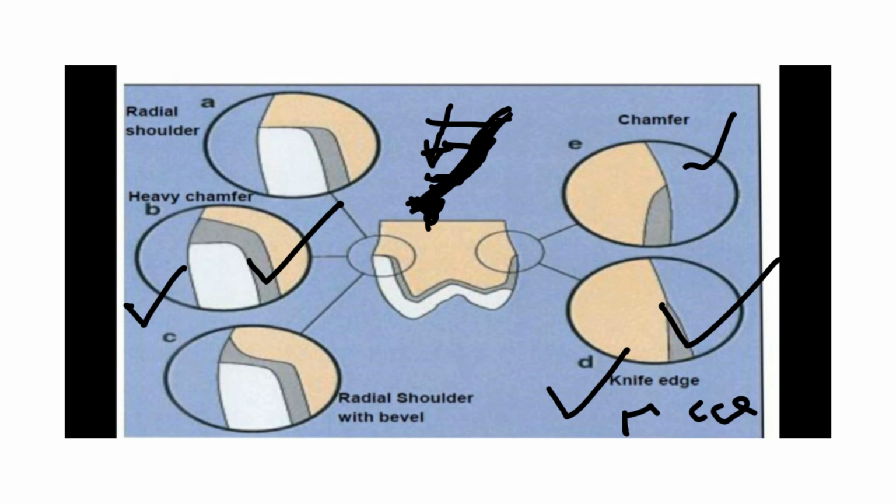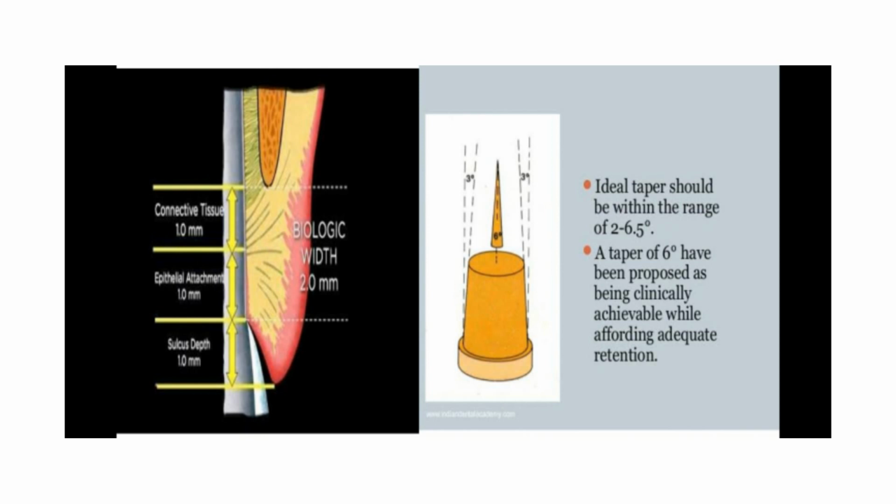Let me tell you what is biological width. So this is biological width. Remove the gingival sulcus, and we are left with epithelial attachment and connective tissue. This is the junction epithelium plus the connective tissue. We must preserve 2 mm of biological width while we are placing our margin. We can place our margin here, subgingivally in the gingival sulcus.